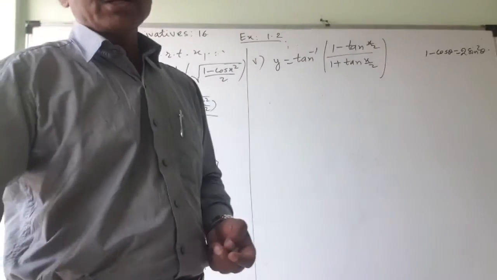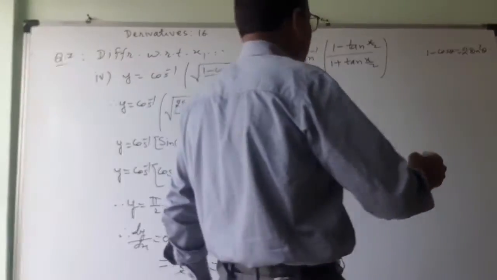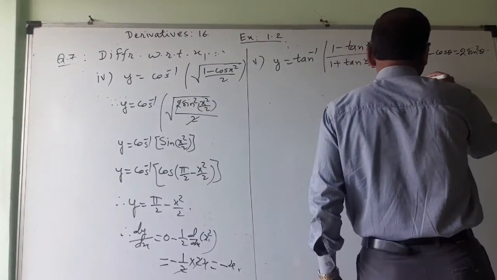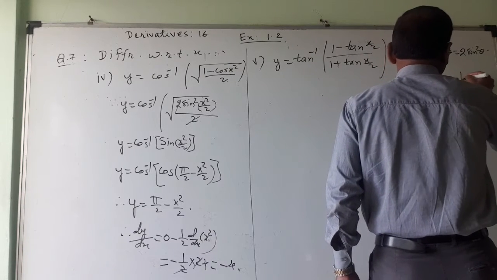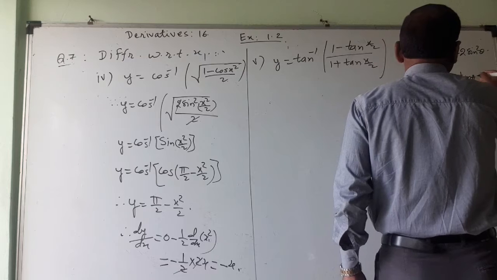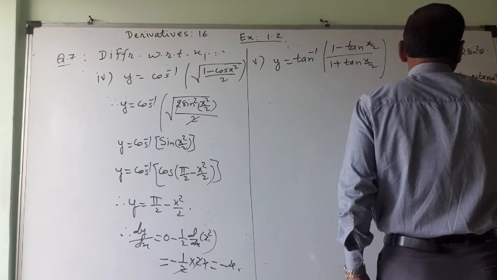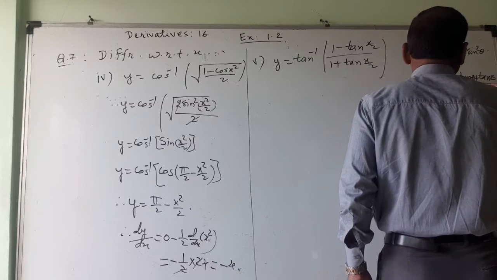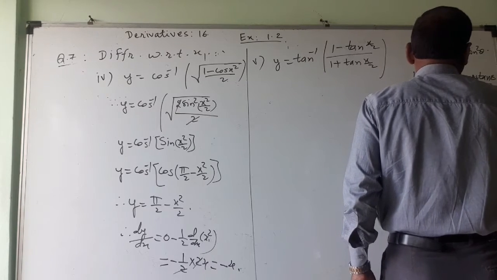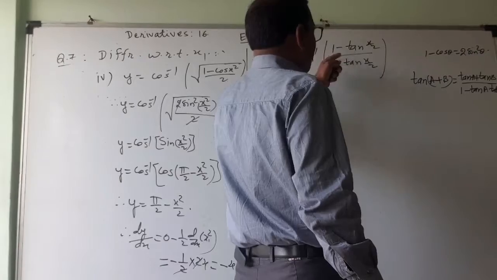This is the expansion of tan of pi by 4 minus x by 2. We know that tan of A plus B is equal to tan A plus tan B upon 1 minus tan A into tan B. So from this it is tan of pi by 4.